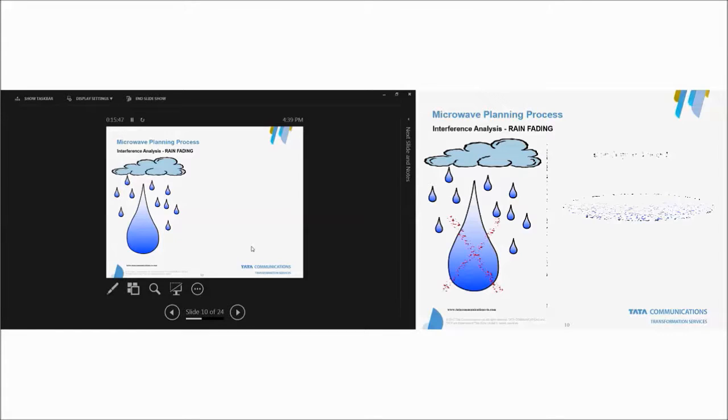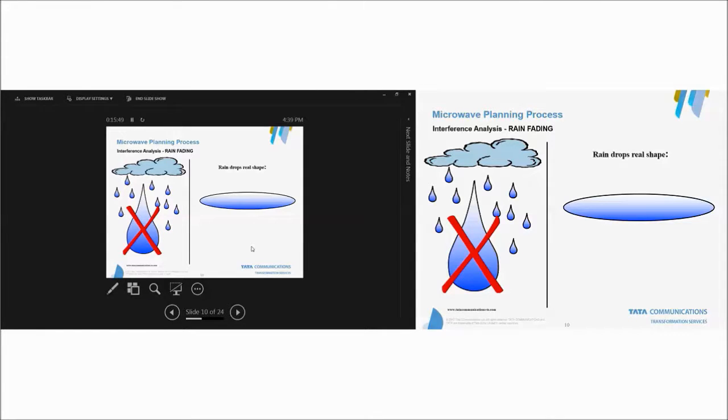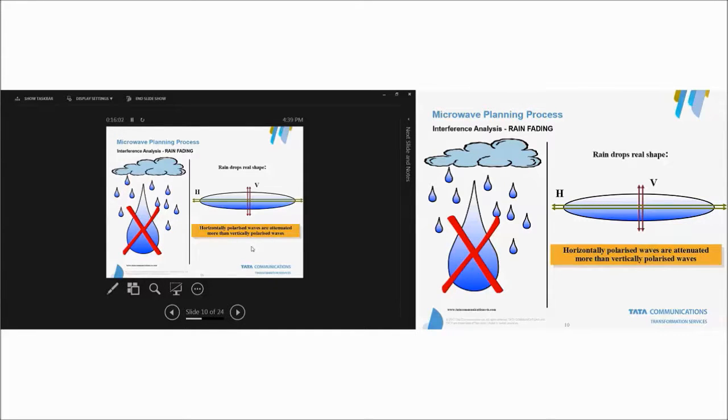Okay. See, the real raindrop shape will be an elliptical shape like this, and microwave links will tend to be affected by raindrops. We have seen the types of polarization in previous slides: horizontal polarization and vertical polarization.